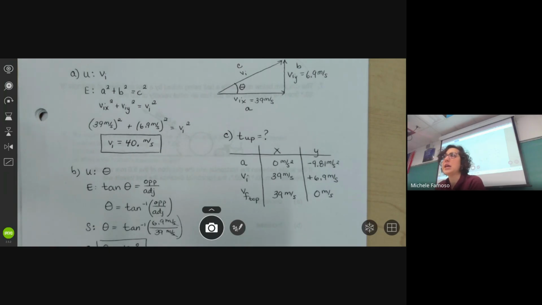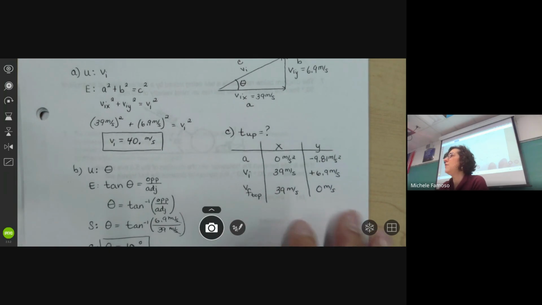What do you think is the better set of givens to use to help you get that time going up? Which one's going to be the better set to use here? What do you think? Khalees?